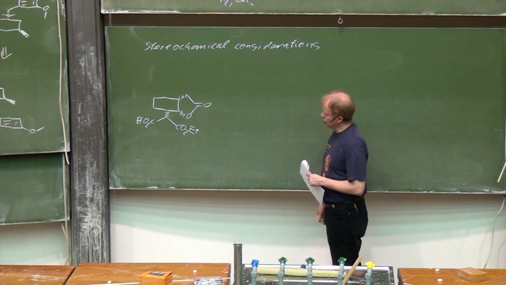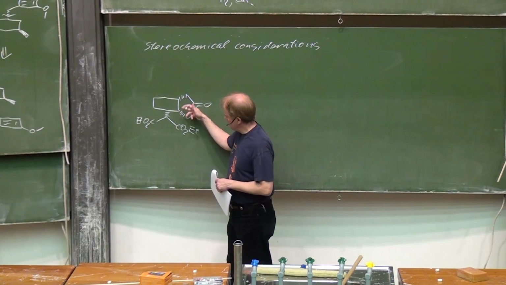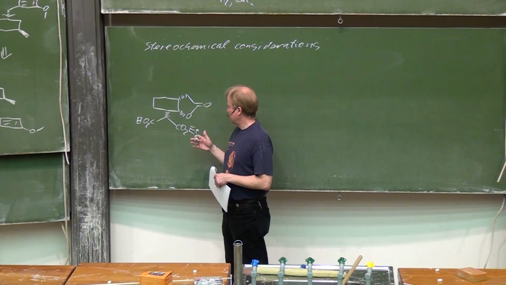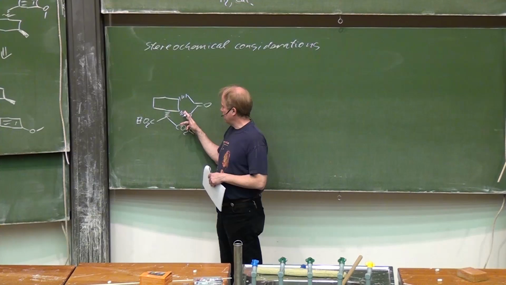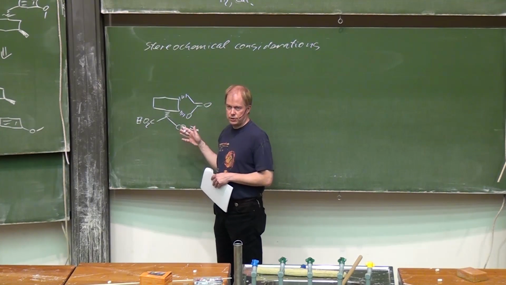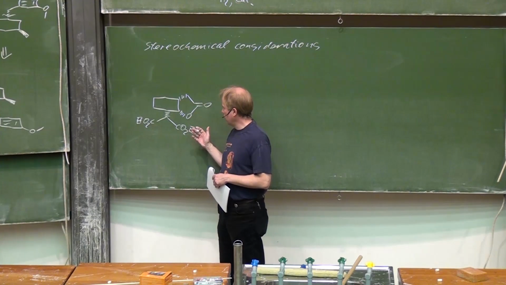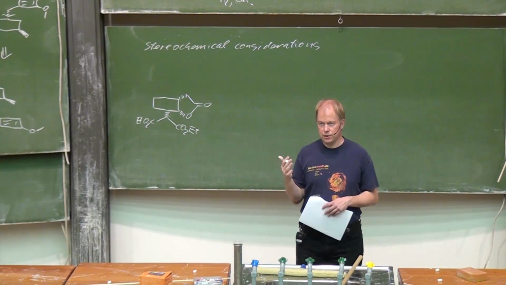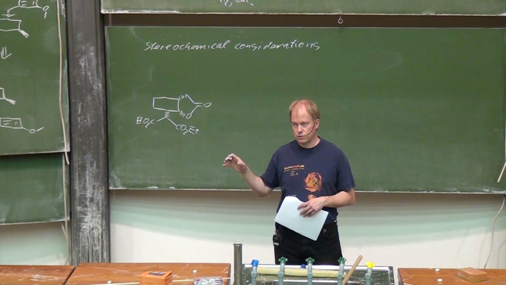So, in this rather simple model compound, we have three stereogenic centers. They are all in close proximity. Therefore, it's a good idea to look for one stereogenic center which could be the control element of the stereochemistry through your reaction sequence.